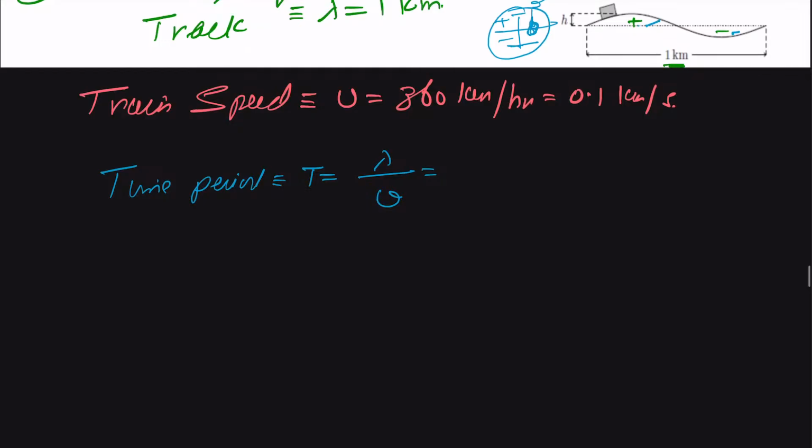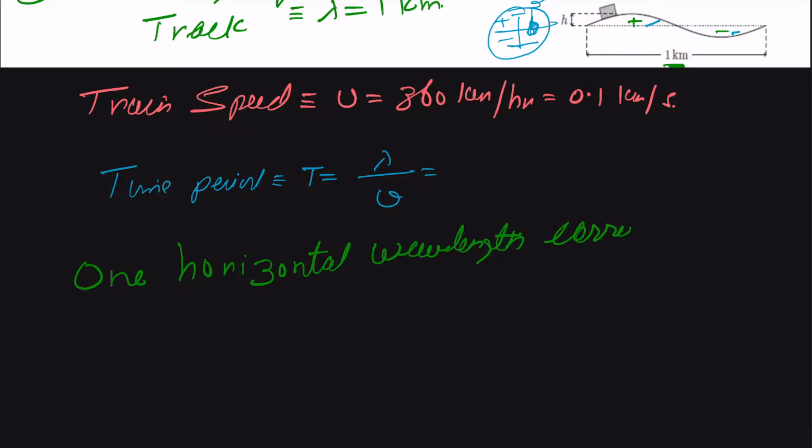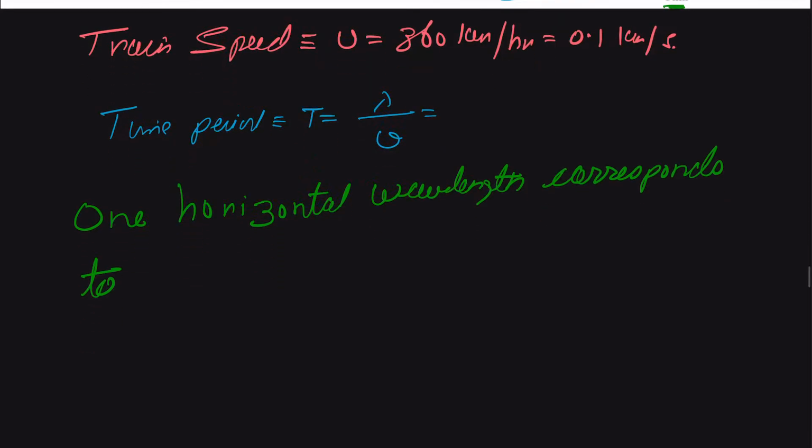So from here we can say that one horizontal wavelength corresponds to one full vertical oscillation.